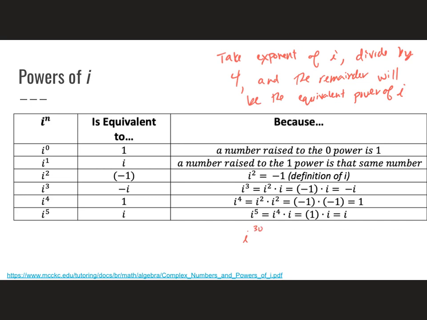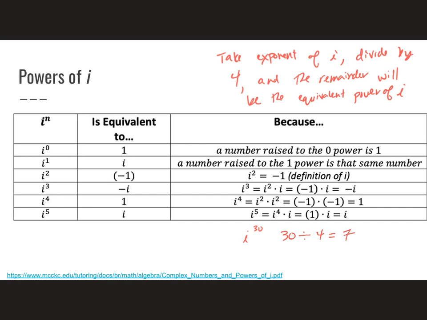If we were given i to the 30th power and someone were to ask what is i to the 30th power equivalent to, what we could do is take this exponent 30 and divide it by 4. I want to think about how many times 4 goes into 30. 4 goes into 30 a maximum of 7 times, because 4 times 7 is 28.